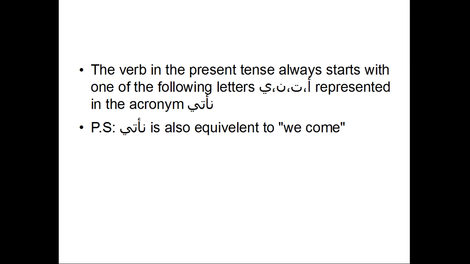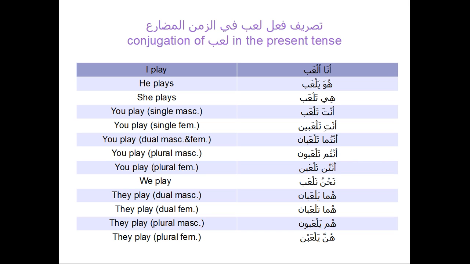By the way, نأتي also is equivalent to we come. I will conjugate the verb لعب, play, and then I'll break it down to make it easier. I know it looks intimidating, but try. Inshallah, I'll explain it better.